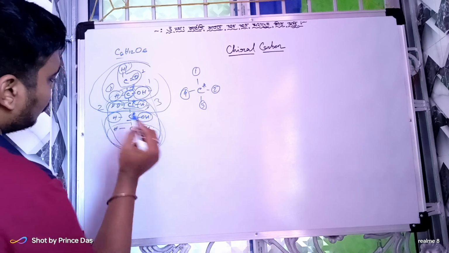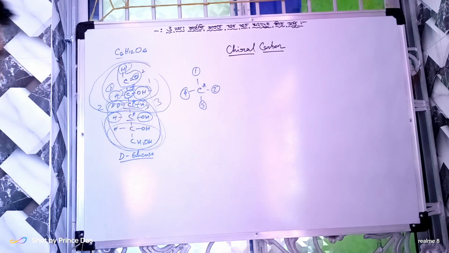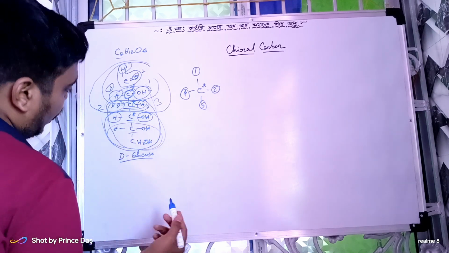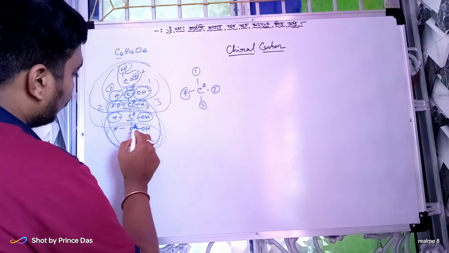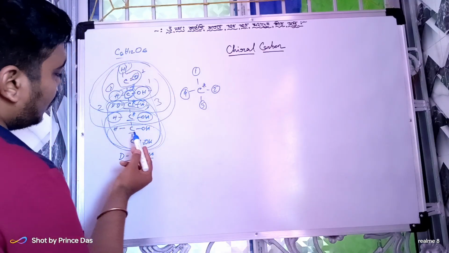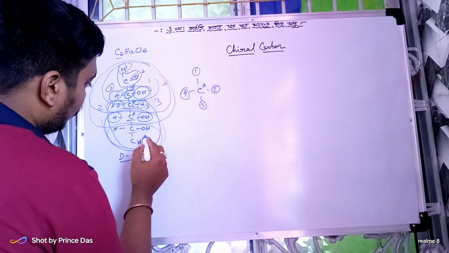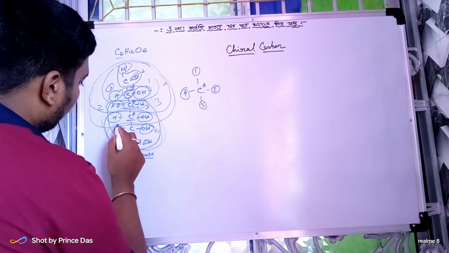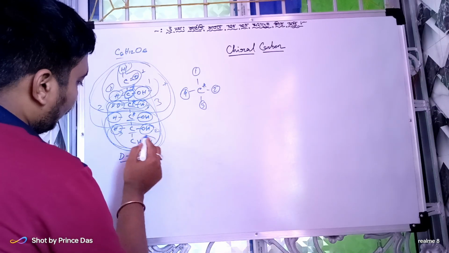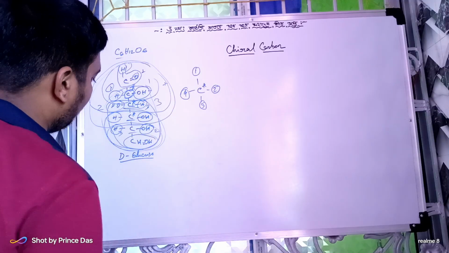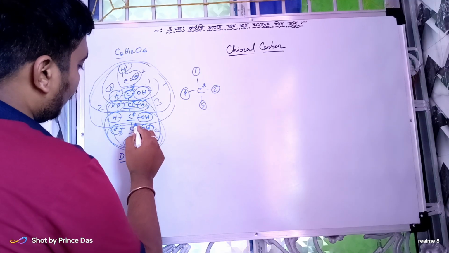Yes, this is also a chiral carbon. We got 4 groups. Can I call this a chiral carbon? Again apply the same rule. Consider this total as a group because it is connected with this particular carbon. 1, this is 1, 2 hydroxyl group, 3 hydrogen group, and rest of this CH2OH. So it is also a chiral carbon.